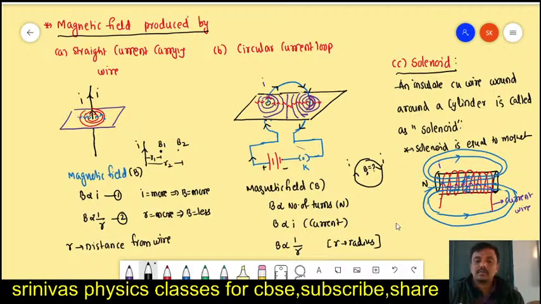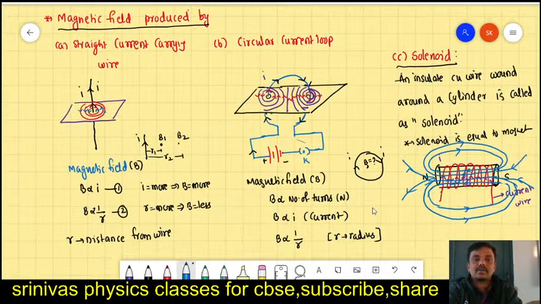Any query? If you have any doubts, you can ask me. Outside, they start at the north and end at the south. These are the magnetic field lines generated by the solenoid. The solenoid is exactly equivalent to the bar magnet.